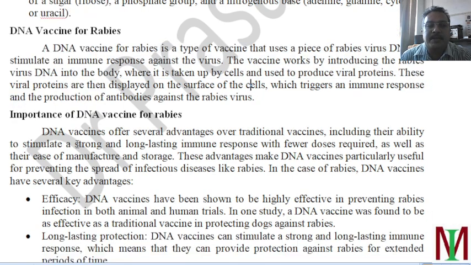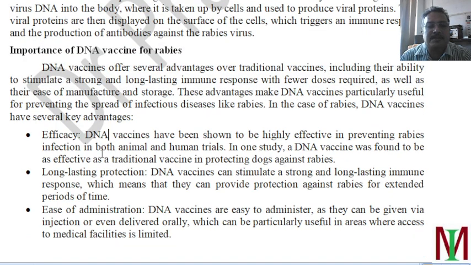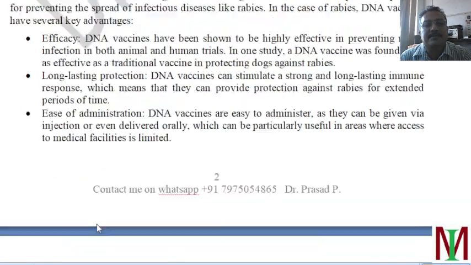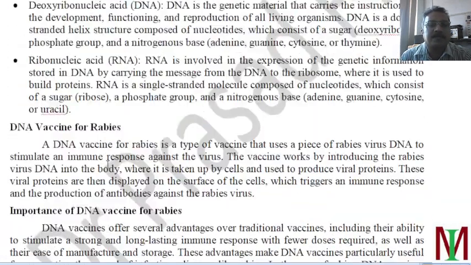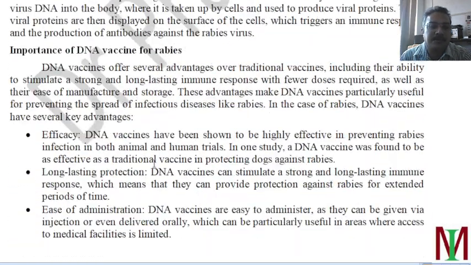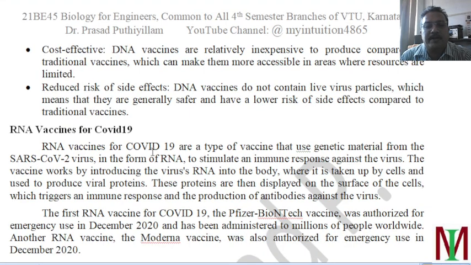It is already explained in my class video. The importance of DNA vaccine is also given, such as efficiency, long lasting protection, ease of administration, all these terms. It comes under the importance of the vaccine for rabies, 3 marks.